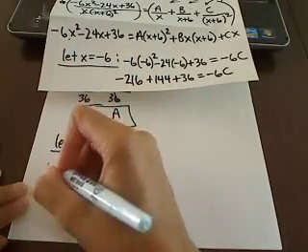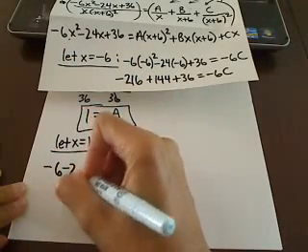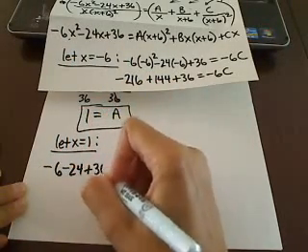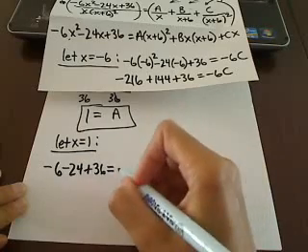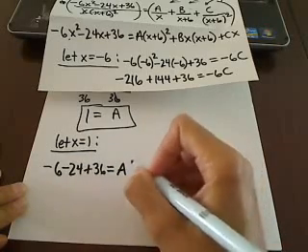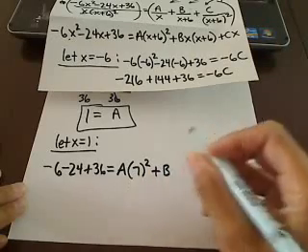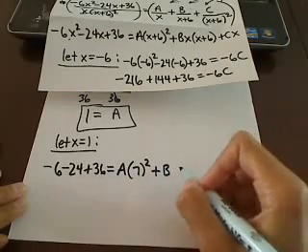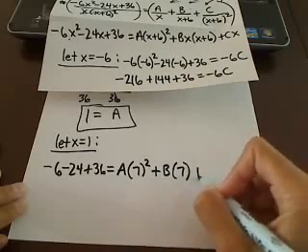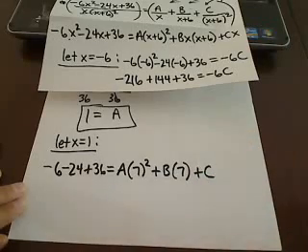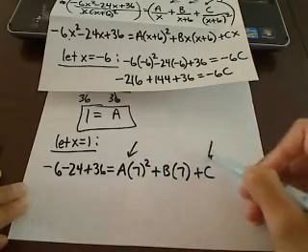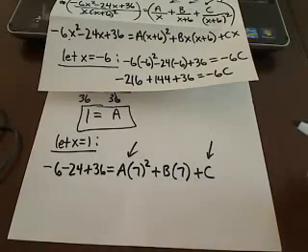So when I plug in 1 here, I get a negative 6 minus 24 plus 36. It's going to be equal to a times 1 plus 6, that's 7 squared, plus b times 1 times 1 plus 6, which is 7, plus c times 1. Now I'm going to plug in the a and the c that I have already solved for.